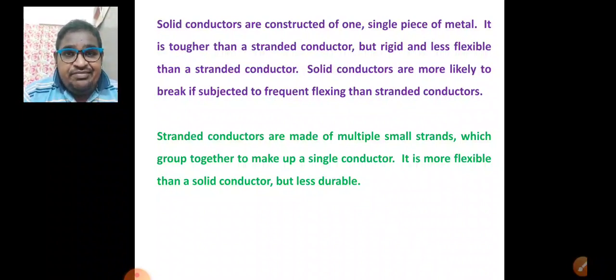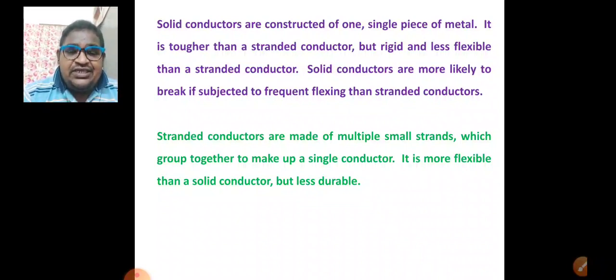Each layer may contain a different number of conductors or wires or strands. And how are the strands of each layer connected? If one layer's strands are twisted in the clockwise direction, then the other layer's strands will be twisted in the anti-clockwise direction. That is, from layer to layer the strands will be twisted in the opposite direction.